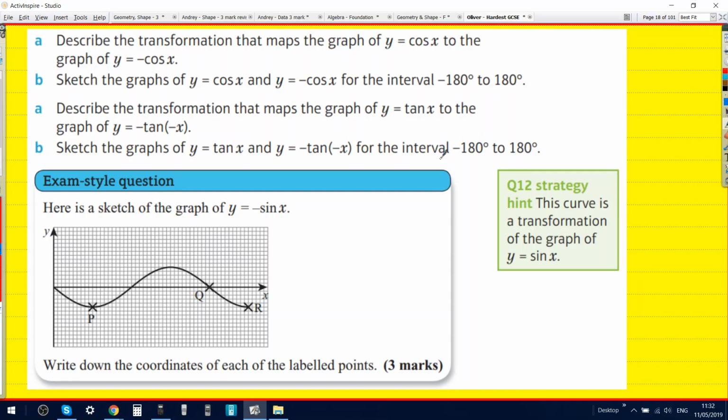It's a reflection in the x-axis. Yeah, well done. How about the exam style question?